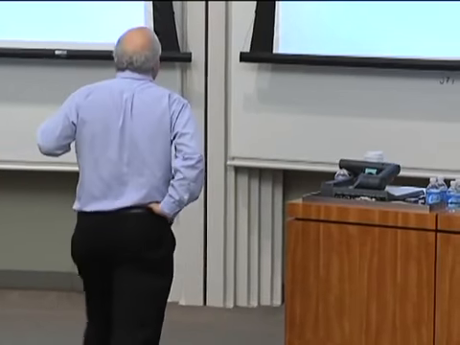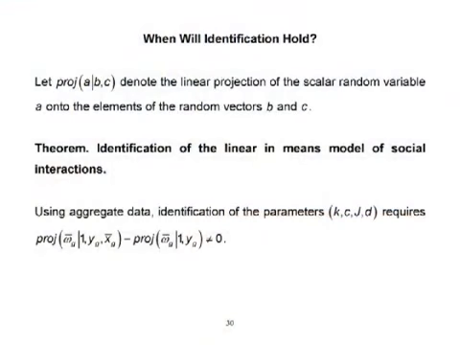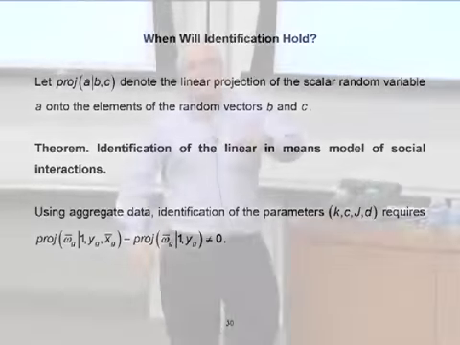All right, so the theorem on identification in the linear in means model, and this is due to Brock and myself, which is actually very simple to state, and that is if you want identification, you need this to be true. All it is saying is that if I project the behavior on the y's, I get a different answer than if I project it on the y's and the x bars.